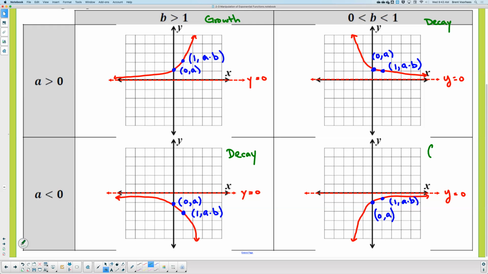This would be called growth. So you might hear me talk about the 3 key features, and that's what I'm referring to here. All of these points that I put on each graph, those would be the 3 key features: the horizontal asymptote, the y-intercept, and the point at 1, which is A dot B.